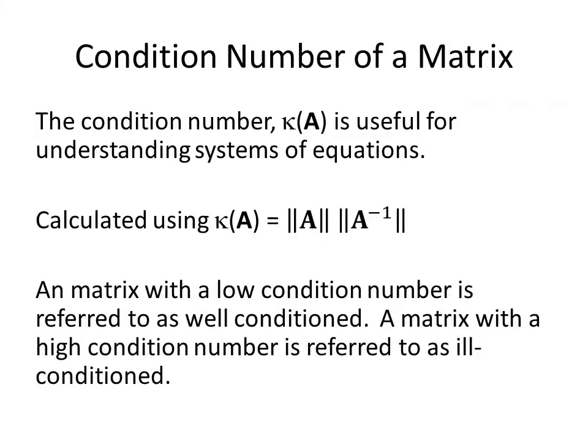So if you end up with a matrix with problems, often you try to explore what's gone wrong, why error is coming in, and often it's associated with a high condition number, and that might be reported in applications that you see in the future. You rarely will be programming these on your own, but if you ever see that your system of equations is associated with a high condition number, this might help you understand why that came about.